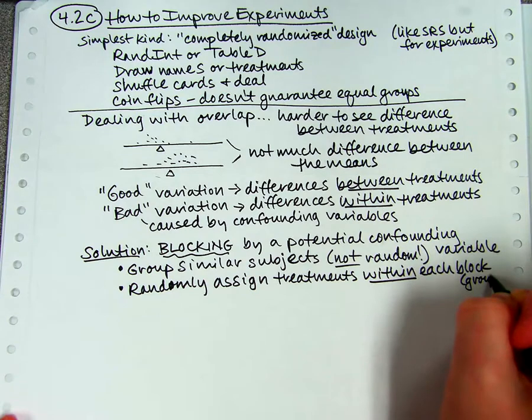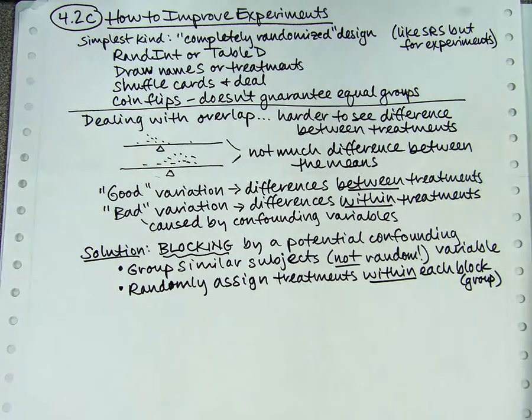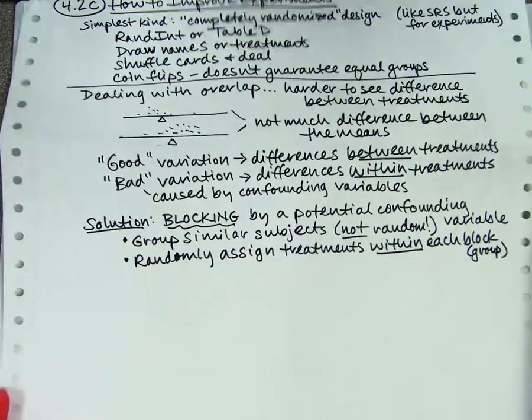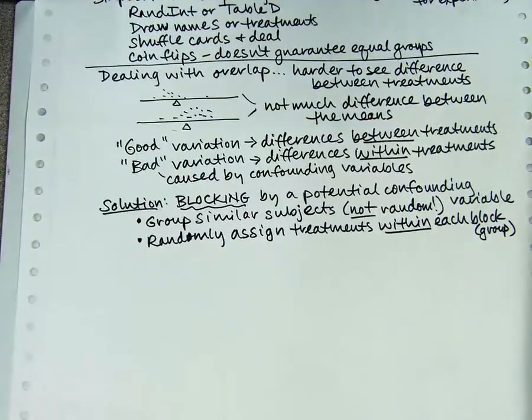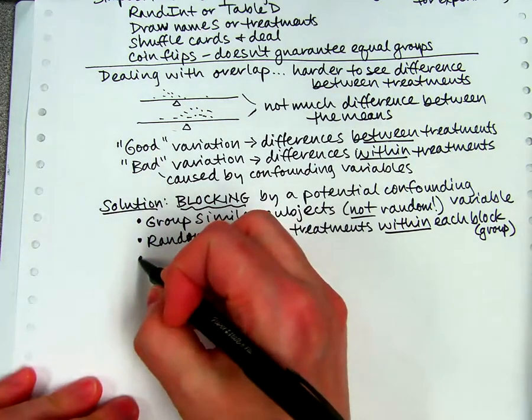Because what you want to do is you want to make sure that the people who exercise often, for instance, get both treatments. Some of them are in each treatment group, and then the people who don't exercise often, some of them are in each treatment group, so that you balance that confounding variable. You're basically forcing the two groups to be equally assigned to the two treatments instead of just taking it by chance. And then you compare the results within each group.